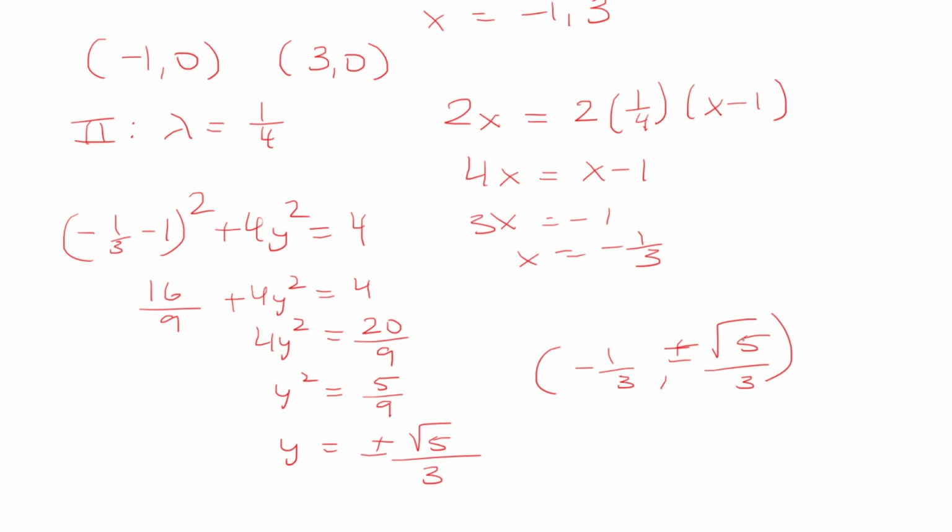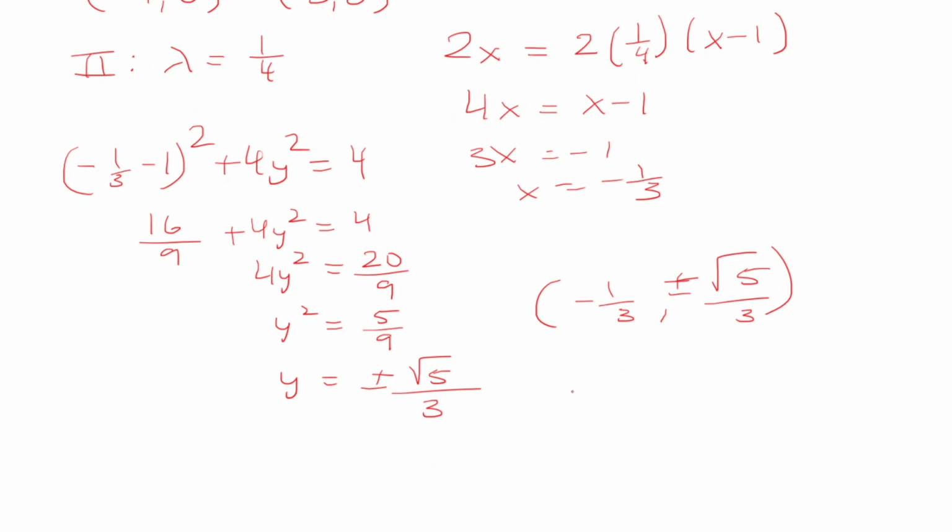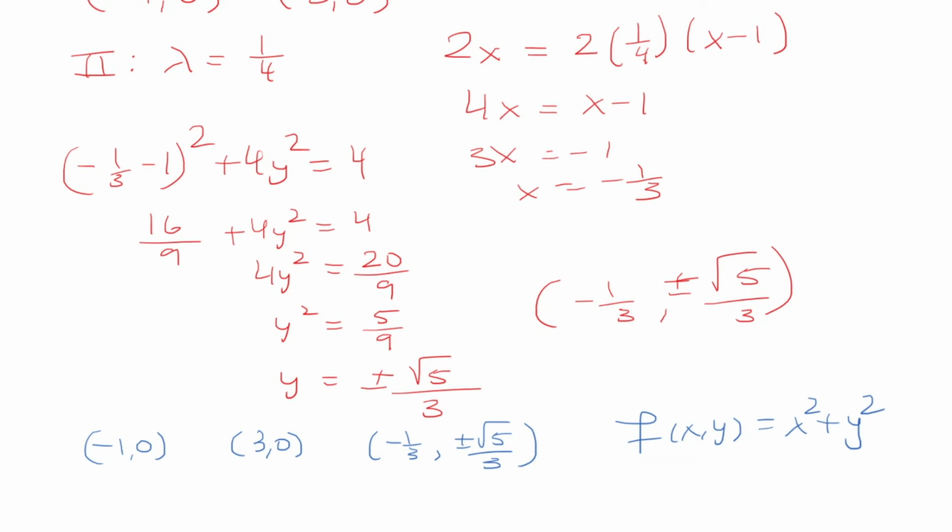So we basically get 4 different answers. Okay, so let me just write these out, and then we have to compare them. So we have negative 1, 0, 3, 0, and then negative 1/3, plus or minus root 5 over 3. Keep in mind, f of x y was x squared plus y squared.